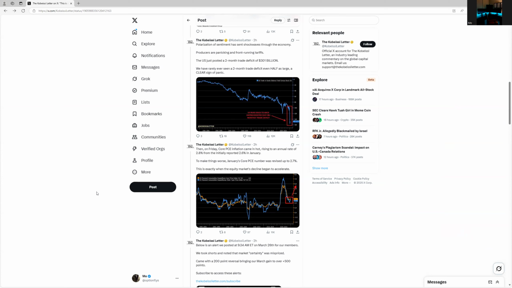I didn't notice the revision yesterday. I only looked at the print when it came. Because the market can take the front data, but then the revision, you're just bumping the number up, making it even worse.